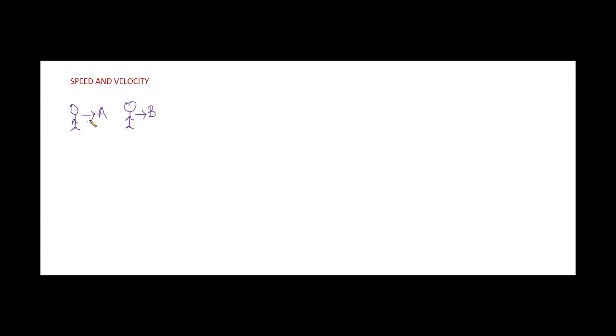A finishes first, while B takes second position. So now we can conclude that A has a faster speed than B because he finished the race in a shorter time.